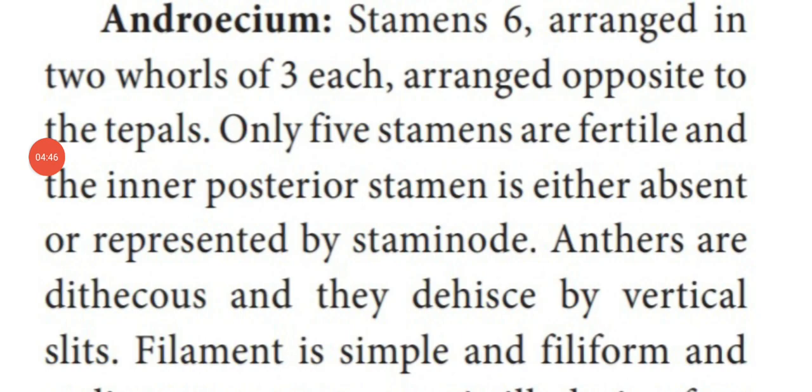Next one, androecium. Stamens are 6, arranged in 2 whorls, each 3. Out of these 6 stamens, 5 stamens are fertile, that means they took part in the reproductive function. The posterior one, which acts as a staminode, is absent.